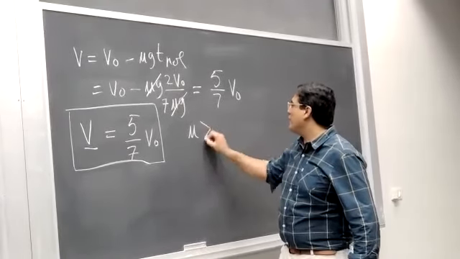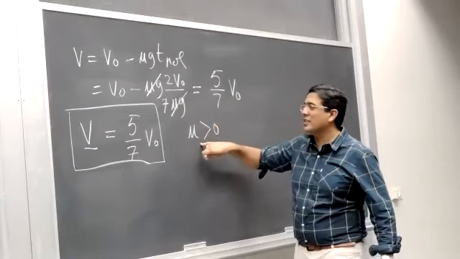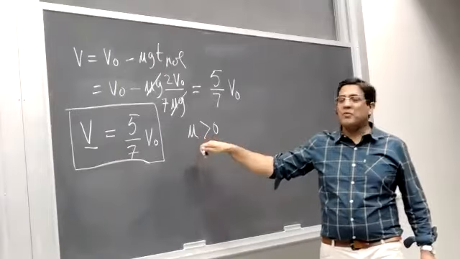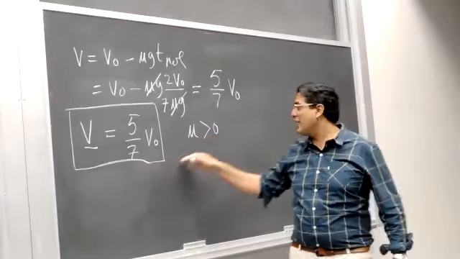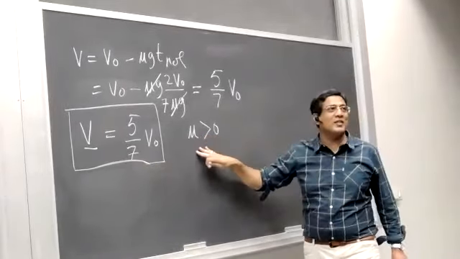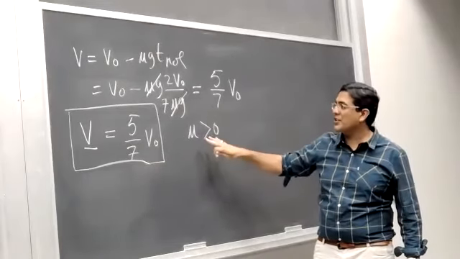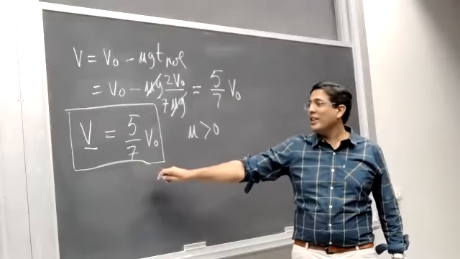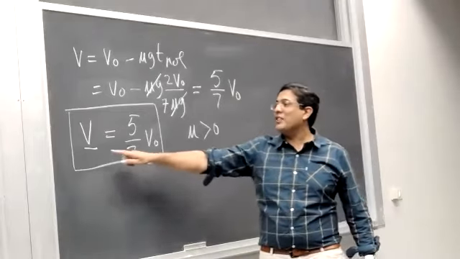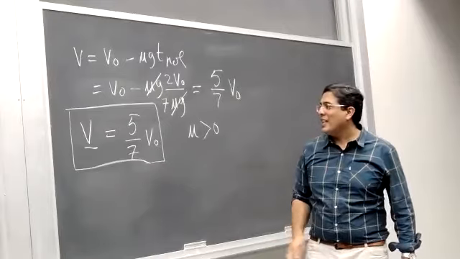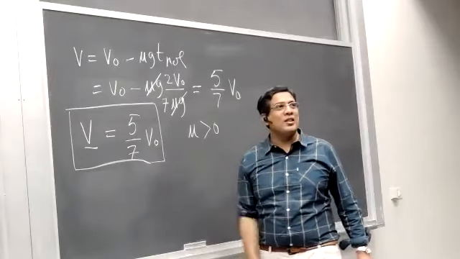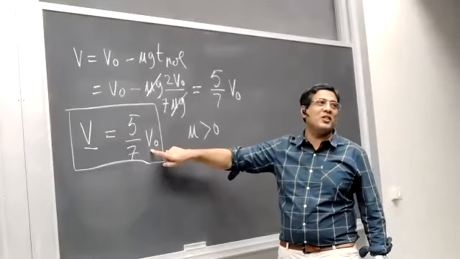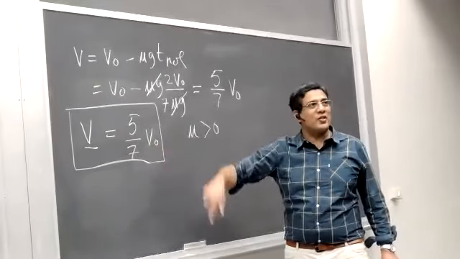The only condition is that mu has to be greater than 0. If the force of friction is 0, then we would not get rolling at all. As long as the coefficient of friction is non-zero, so there is finite friction, you will always get rolling, and the velocity at which the rolling happens is 5/7 times the initial velocity. So it slows down, and once it gets to this value, that is exactly when it starts rolling.